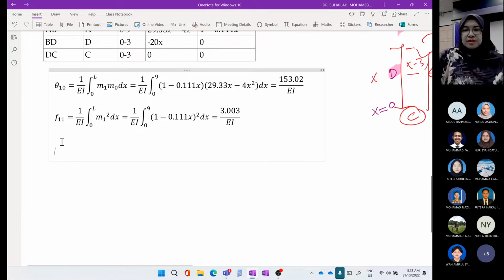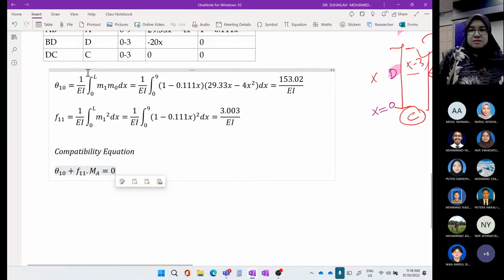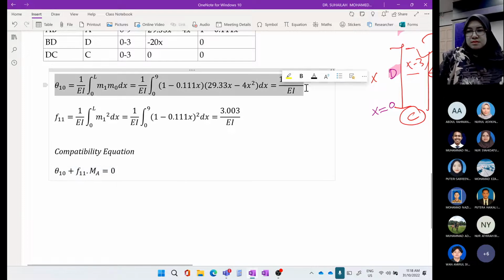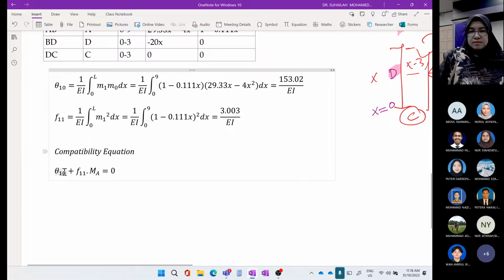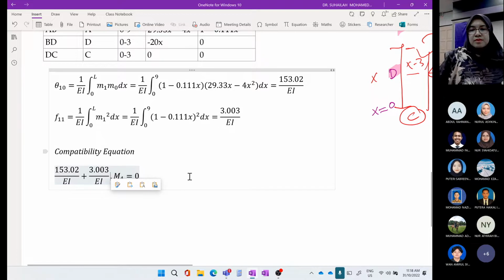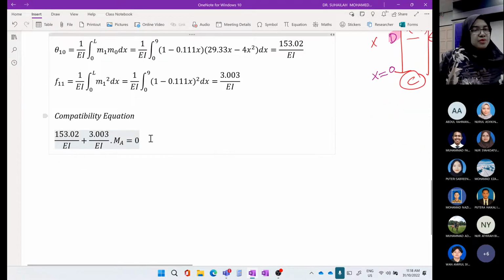So this is the compatibility equation. So we solve this.